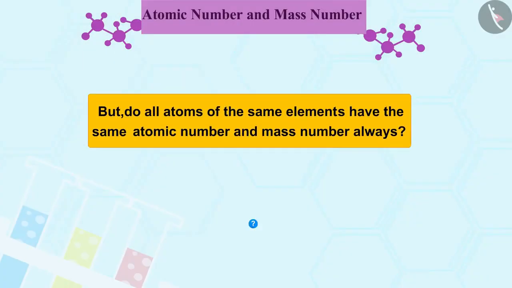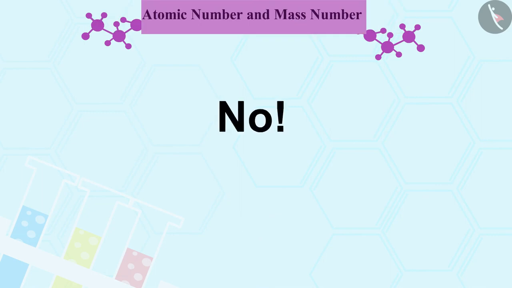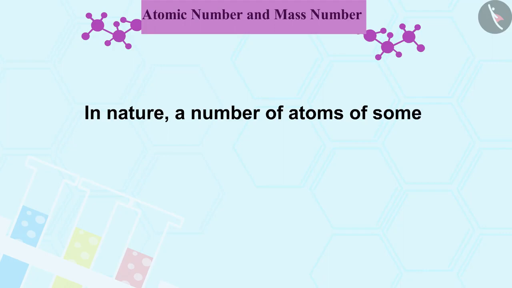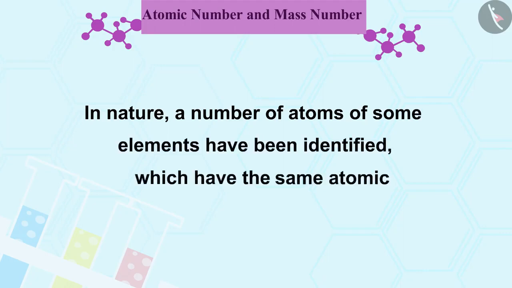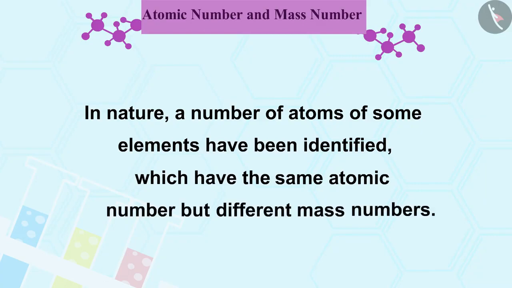But do all atoms of the same element have the same atomic number and mass number? Always no. In nature, a number of atoms of some elements have been identified which have the same atomic number but different mass numbers.